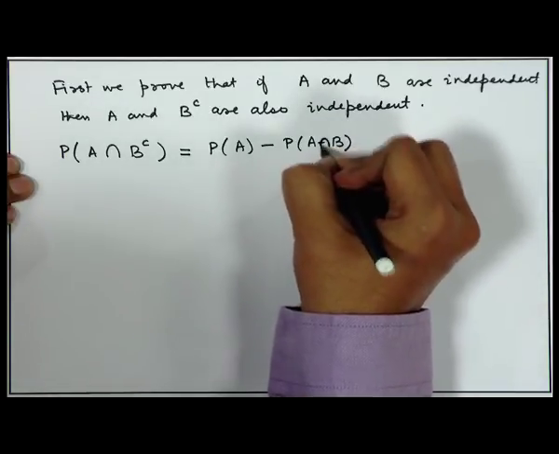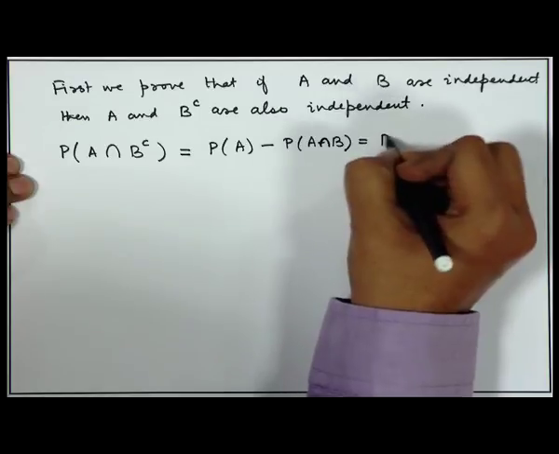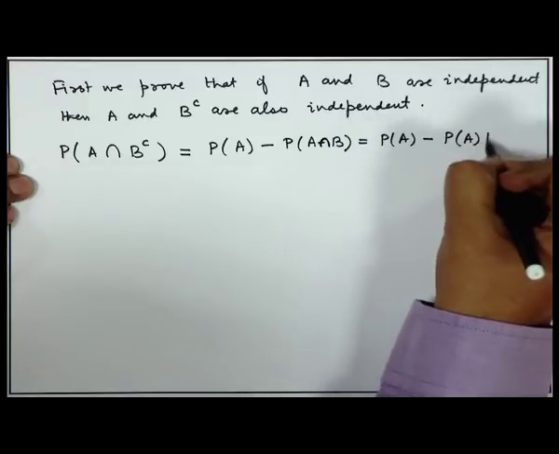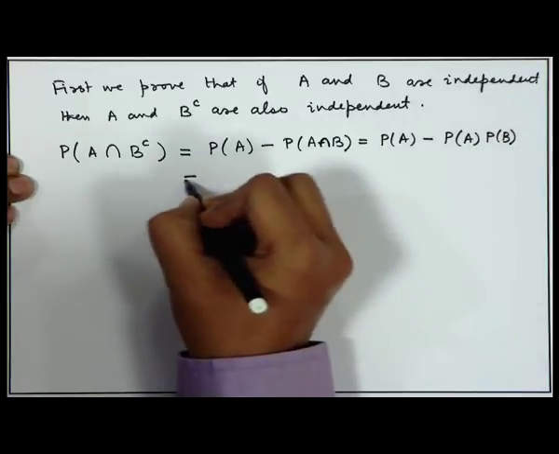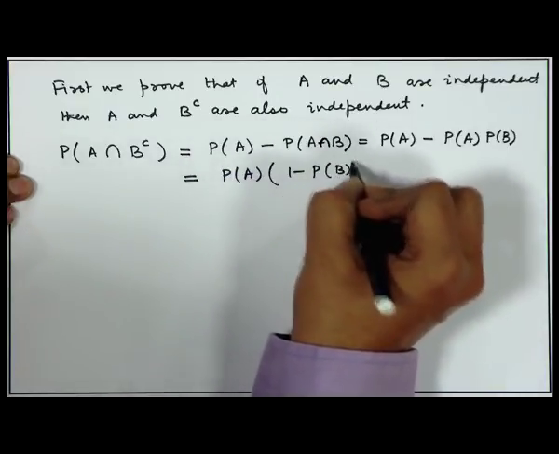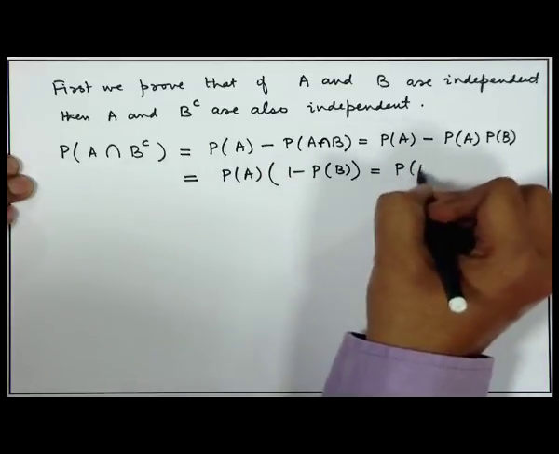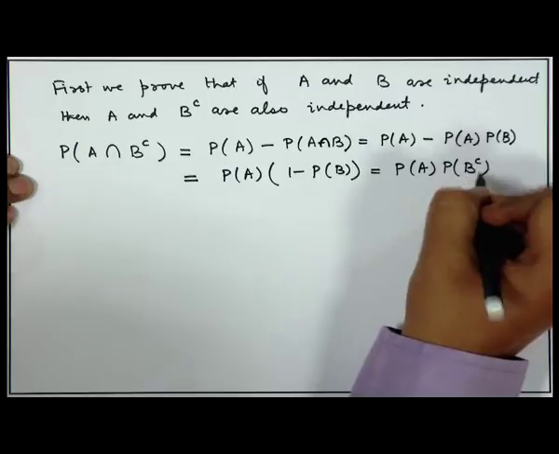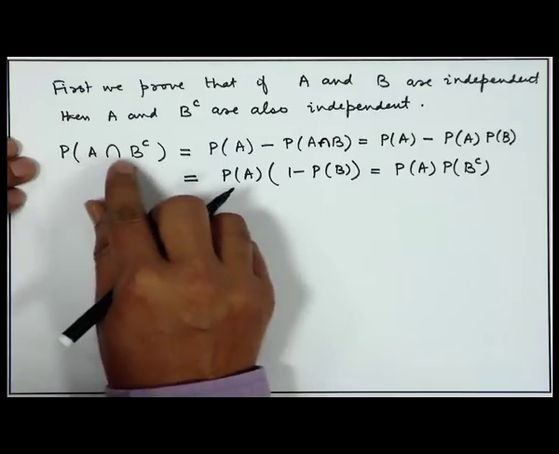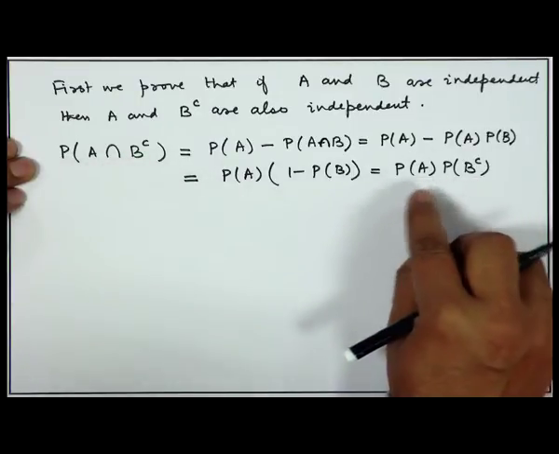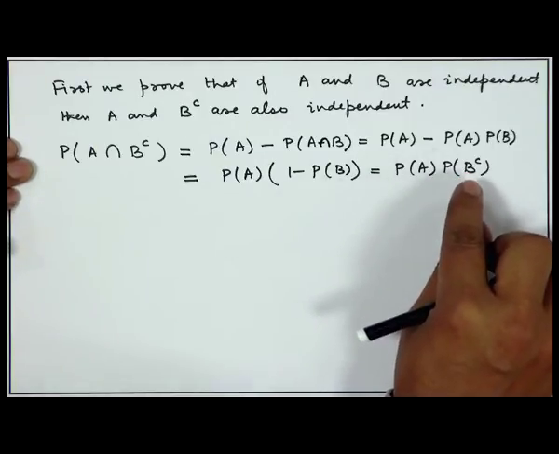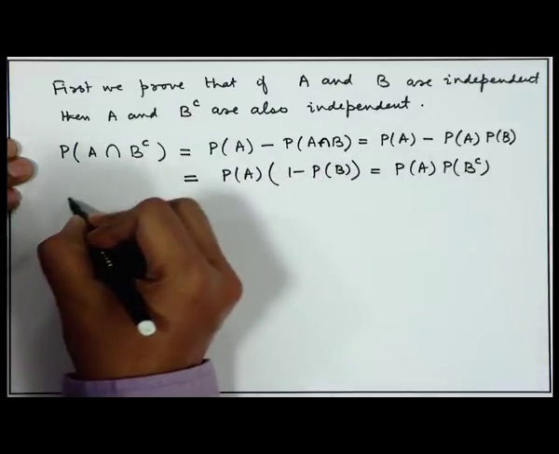So, this is equal to probability of A minus probability of A intersection B. Because A and B are independent, this can be written as probability of A into probability of B. So, here you can take probability of A into 1 minus probability of B, which is equal to probability of A into probability of B complement. So, probability of A intersection B complement is equal to probability of A into probability of B complement, which is the condition for independence.